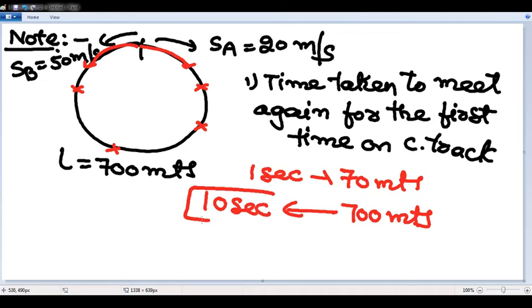So they will meet again for the first time on the track after 10 seconds. For me, the first is not important; first I am explaining so that you understand the second thing. Time taken to meet again for the first time on the circular track is 10 seconds.